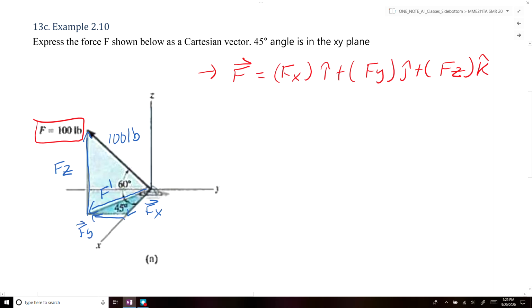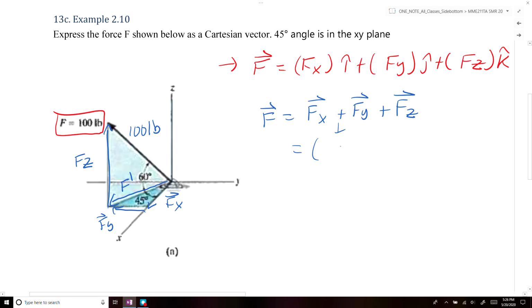If we write this as a big equation, F is equal to Fx plus Fy plus Fz. But to make our lives a little simpler, we can think of Fx plus Fy as being equal to the vector F prime.